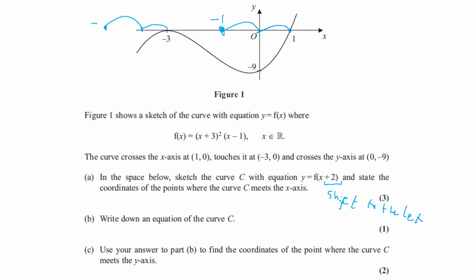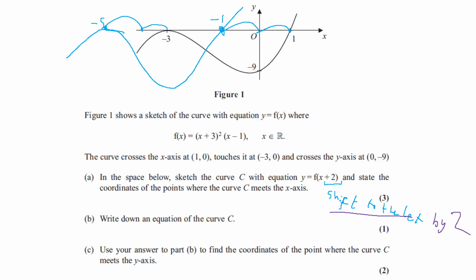Shift it again, this is -5. And then our cubic will look something like that, because all we've done is shift everything to the left by 2.